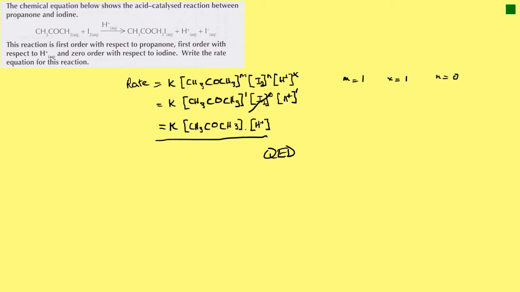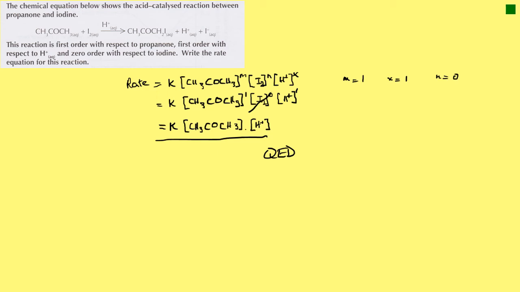But it also says it is dependent on first order with respect to the hydrogen ion catalyst. So we have to include the hydrogen ions in the rate equation too, right? And instead of using O, which can be confused with 0, let's call that an X. Okay, so that's our starting point, that first rate equation. And then we look back at the equation and the question and look at what it tells us.